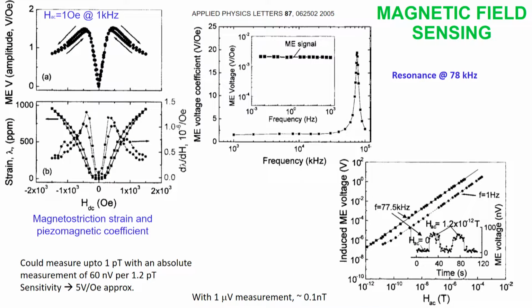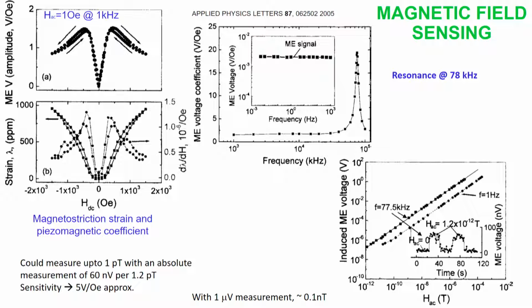Okay. So now under resonance when you are going to do that, this can go much higher. Whenever you are going up to the resonance, in case I am getting this 60 nanovolt as my detection level, then I can go up to 1.2 picotesla, but then it's something like 5 volt per oersted accuracy I will be having. Here I am not worried about the power, I am worried only about the voltage.